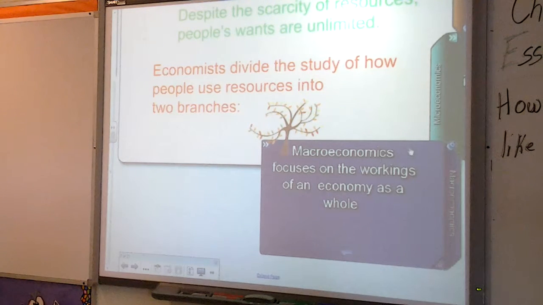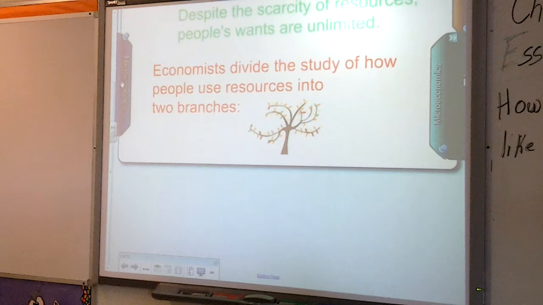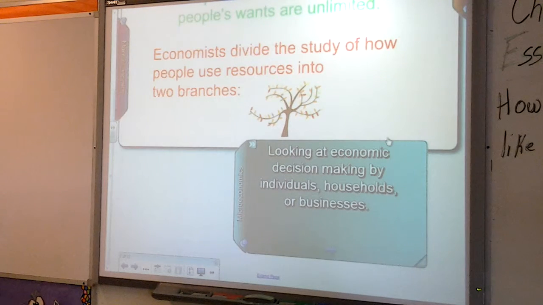And the opposite of macroeconomics, does everybody have this? Okay, and the other branch is microeconomics. And that's looking at economic decision making on a much smaller scale.